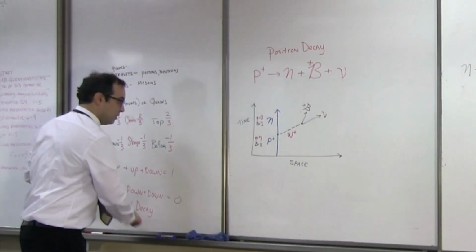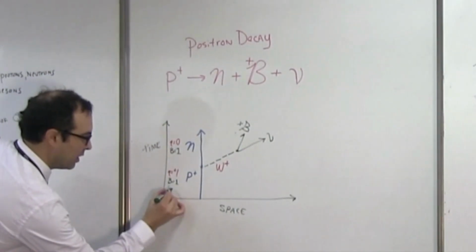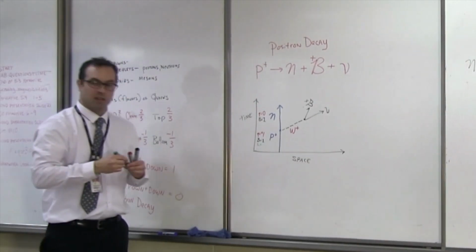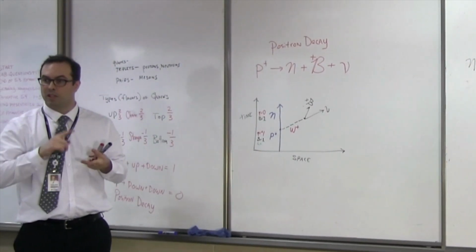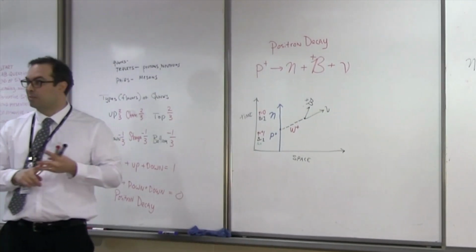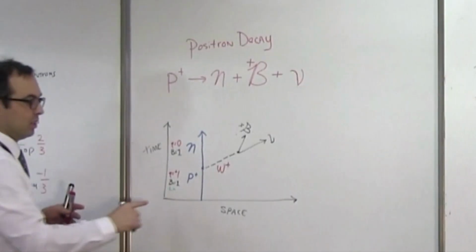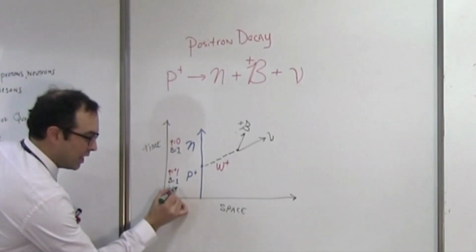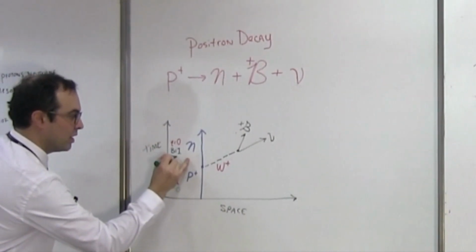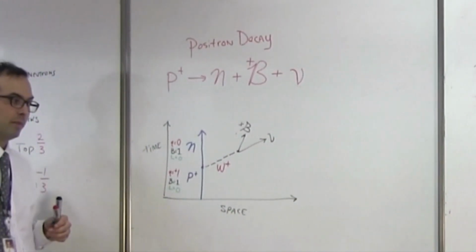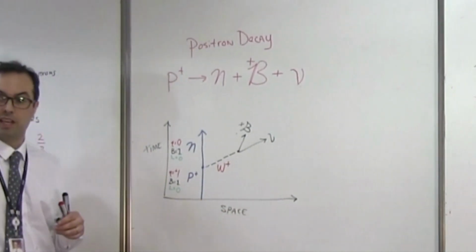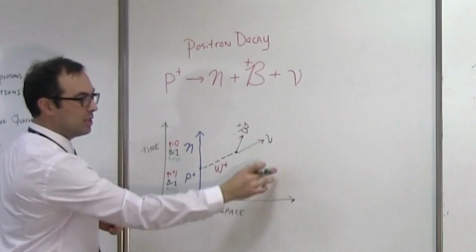The next step then is to look at our lepton numbers. And our leptons are our electrons, our mu, and our tau, along with all their antiparticles. So proton does not fall into that category. Neutron does not fall into that category. My boson does not fall into that category. But these, in fact, do.